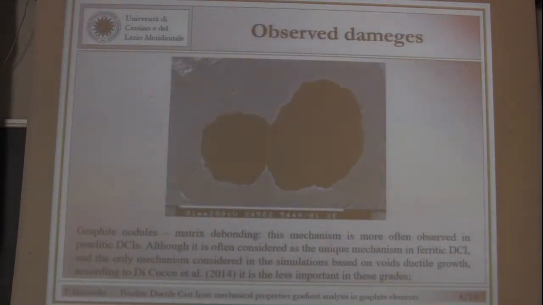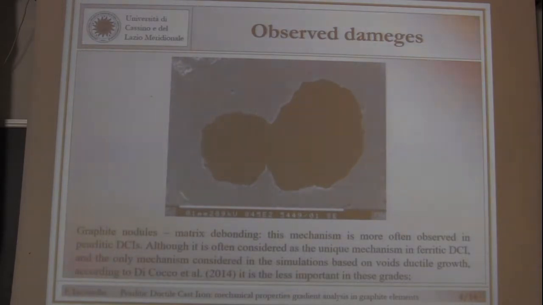For this reason, we observed in review works the different ways of damage of graphite. In this case, we observed the typical, most important damage observed and described in the literature.